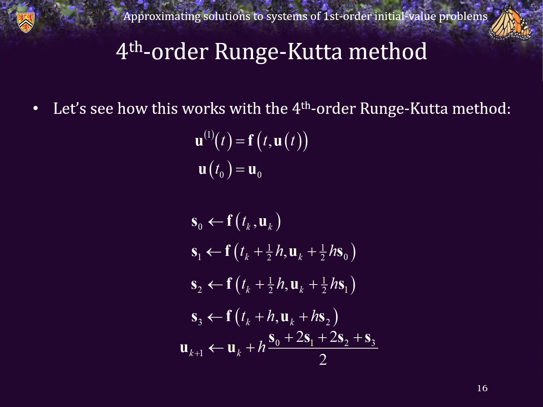Notice that when we approximate uk plus 1, it's the previous vector plus the scalar h over 6 times a linear combination of the four vectors s0 through s3. These are all valid vector space operations, and these do indeed work as expected.